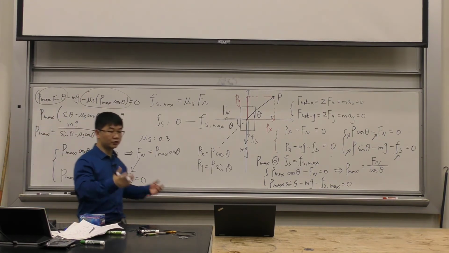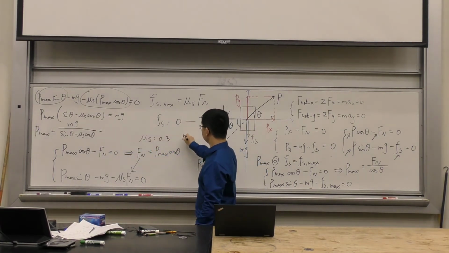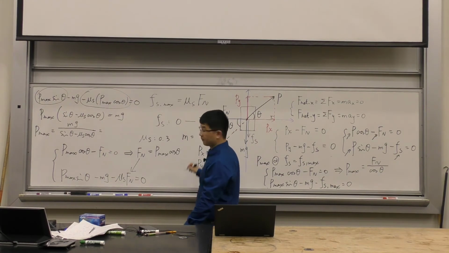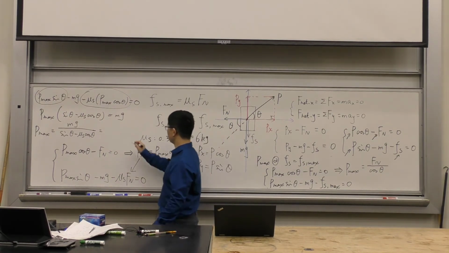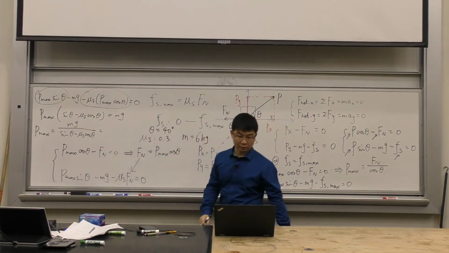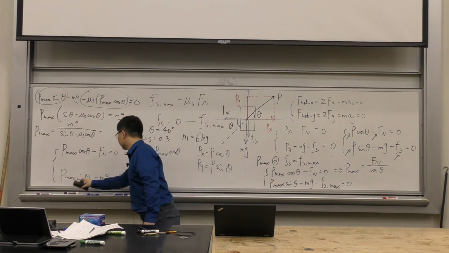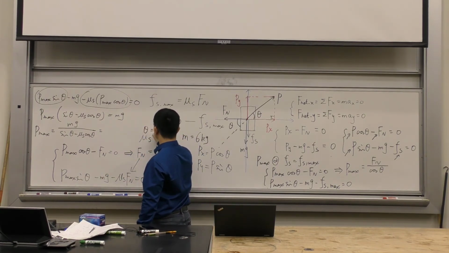Alright, so now you can use the numbers from the problem, right? The mu s is this, the mass is 6 kilograms, and the theta angle in the question is 40 degrees. That's what the problem, I'm sorry, theta angle is 50 degrees.